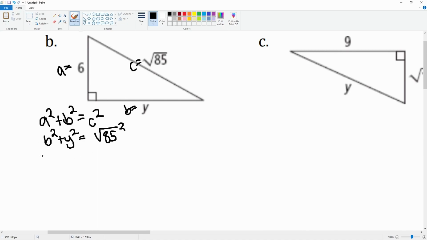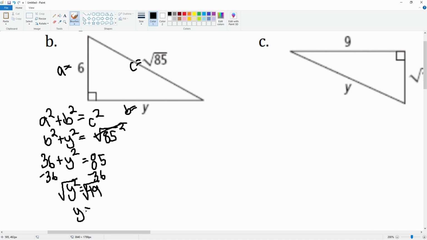We have 6 squared here, which is 36, plus y squared. The square in the square root here cancels, just leaving you with 85. Subtract 36 from both sides, you get y squared is equal to 85 minus 36, that is 49. Okay, square root both sides, y is equal to 7.